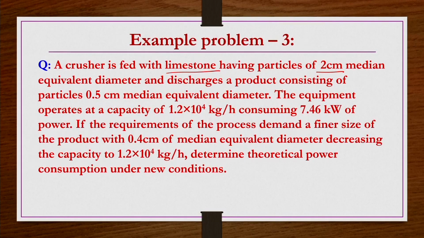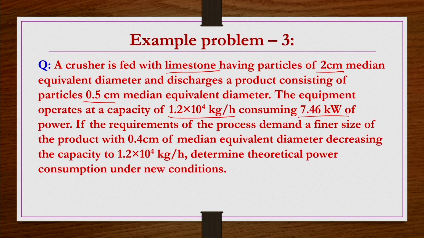So, here in the sample, 2 centimeters is the median equivalent diameter, that means 50% of the material in the sample has size less than 2 centimeters, and 50% has size more than 2 centimeters. The feed is 2 centimeters, and the discharge product has 0.5 centimeter median equivalent size. The mass flow rate is 1.2 into 10 power 4 kg per hour, and under such conditions it consumes 7.46 kilowatt of power.